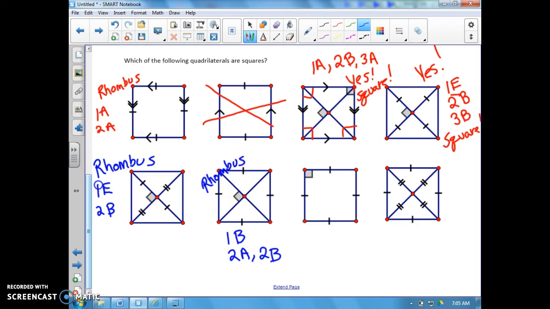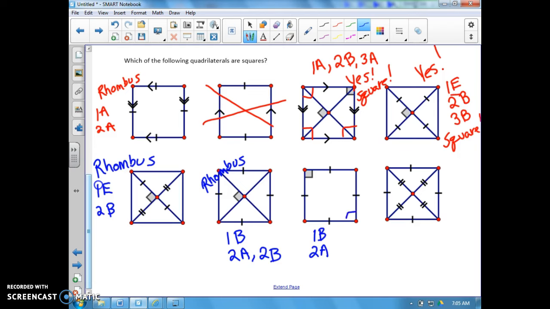Now let's look at the next one. Here I can see that my opposite sides are congruent. So by 1B, we're a parallelogram. I can see that all four sides are congruent. So by 2A, by the definition of a rhombus, this is a rhombus. And I can see I have a 90-degree angle here.